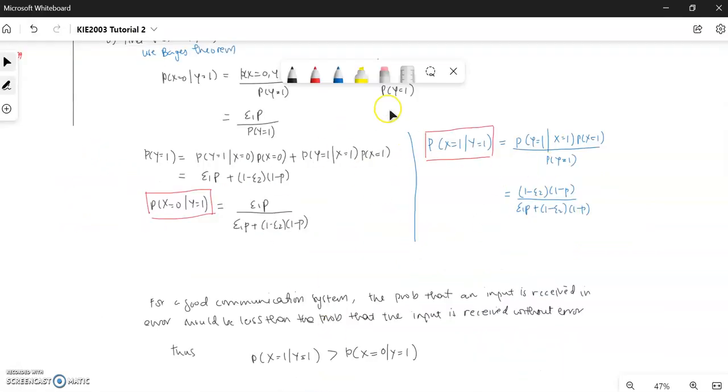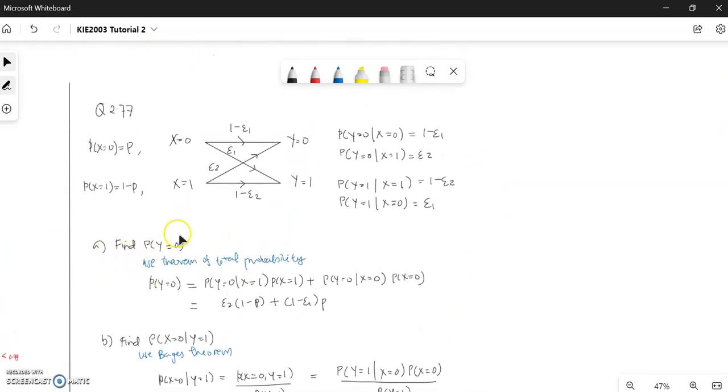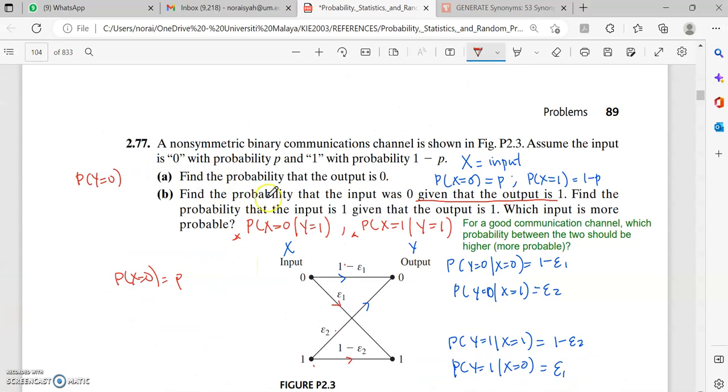This is given here, in this section. For A, find the probability of y equals 0 using the theorem of total probability. So we can use the conditional probabilities as follows to find the probability of y equals 0. For B, you are asked to find the probability that the input was 0 given that the output is 1.